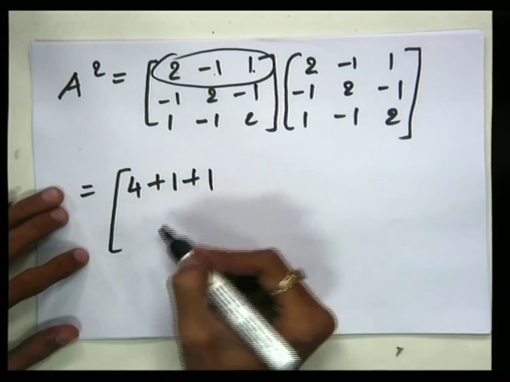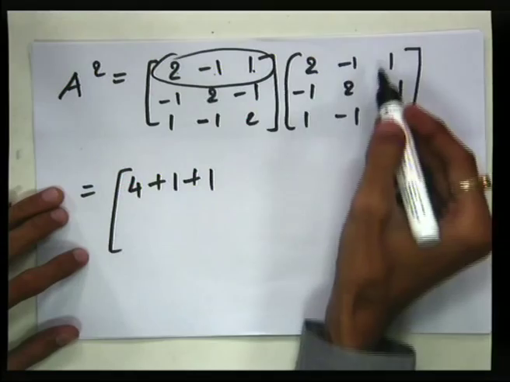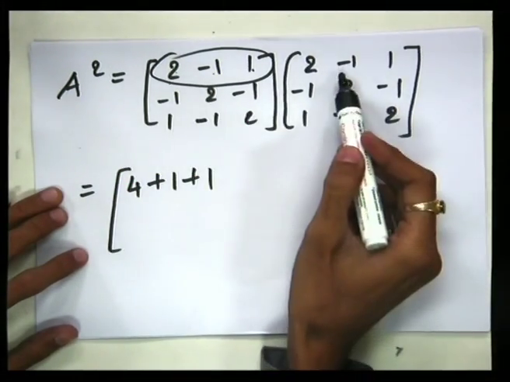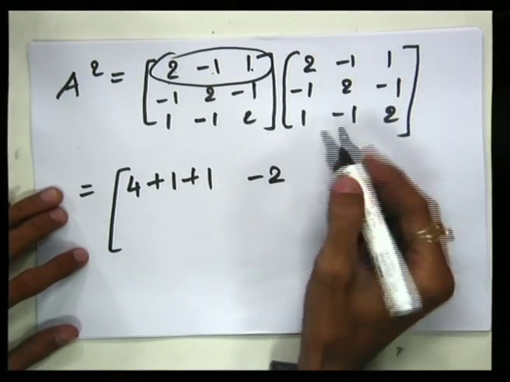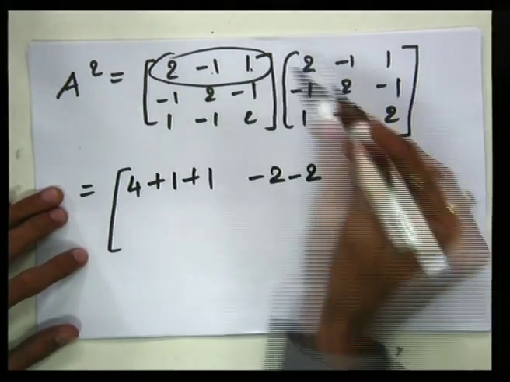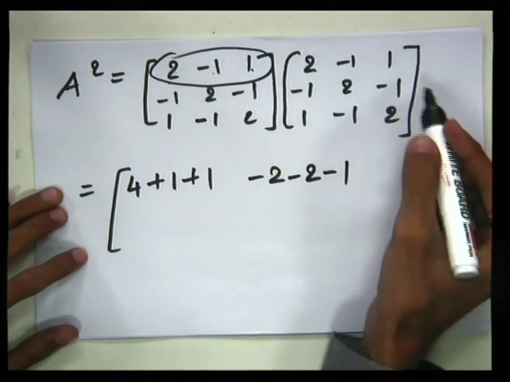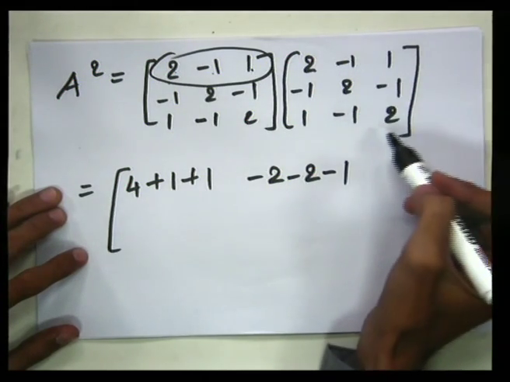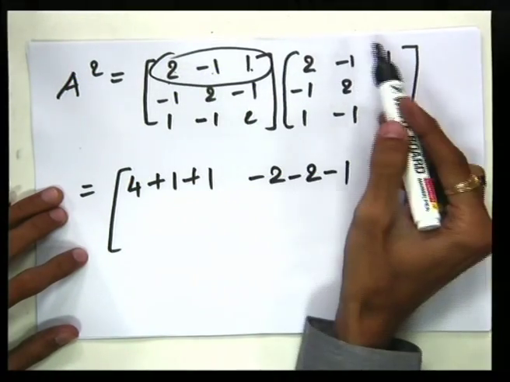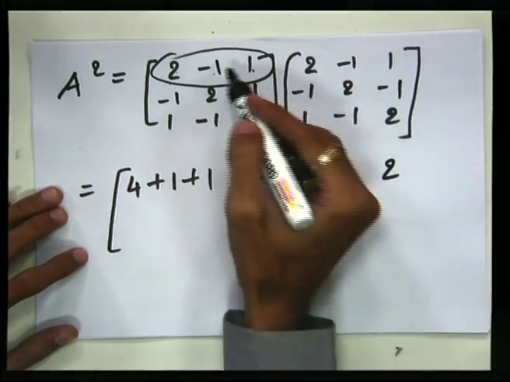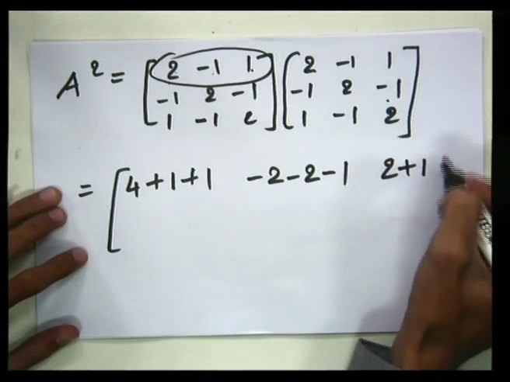Again, now we change the column of the second matrix. So 2 with minus 1 is minus 2, then minus 1 into 2 is minus 2, then 1 into minus 1 is minus 1. Again we change the column. Now this is the third column, we multiply it with the first row. So 2 into 1 is 2, minus 1 into minus 1 is plus 1, then 1 into 2 is 2.